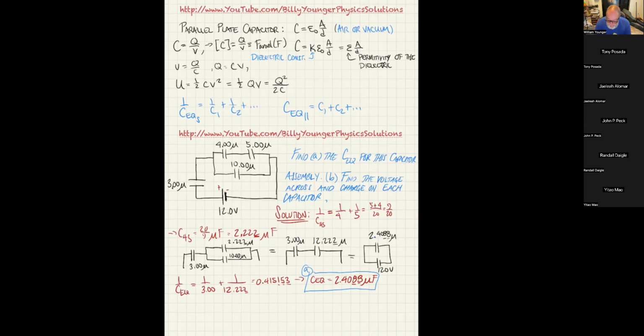So again, on this final circuit where you see a 12-volt battery and a 2.4088 microfarad capacitor, the positive side of the battery is going to act like something that's scaring all the positive charges away. All those positive charges are going to run to the left side of the 2.4088 microfarad capacitor. Because of that, they're going to stack up on this left-hand side, and every time one comes on there, that's going to scare away some of the positive charges in the right plate.